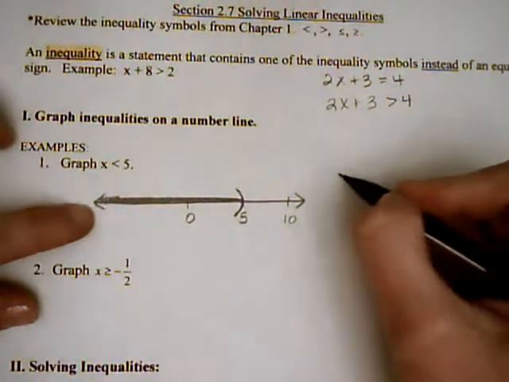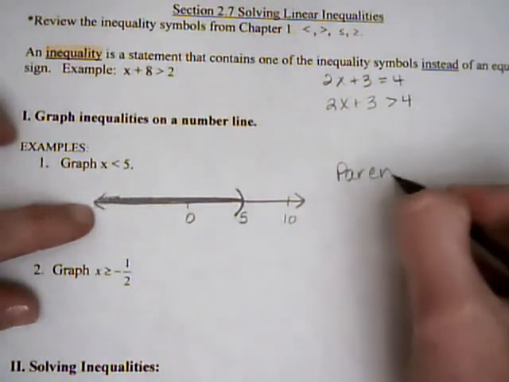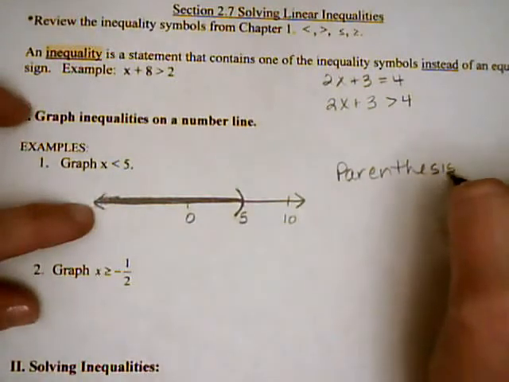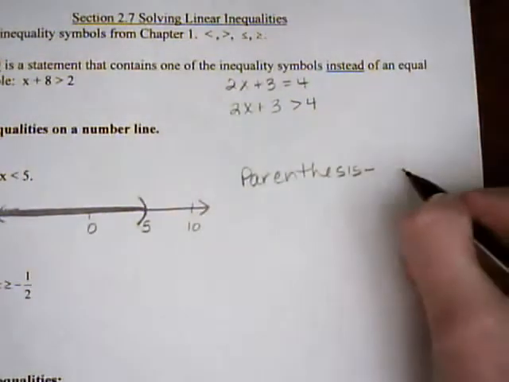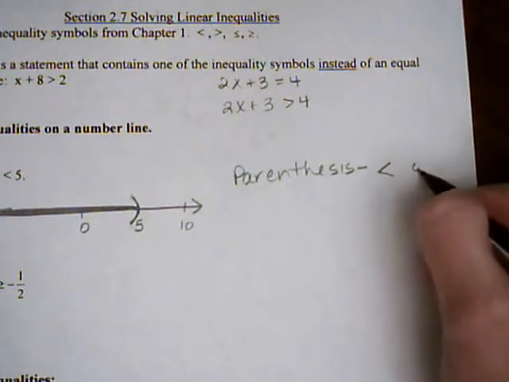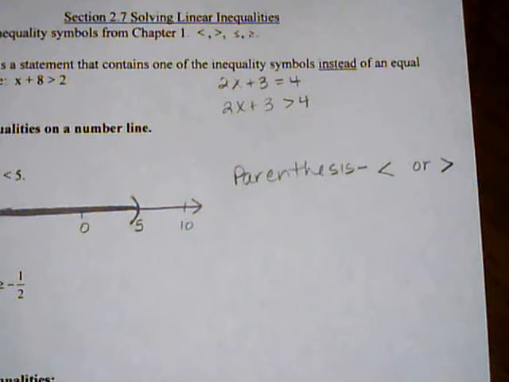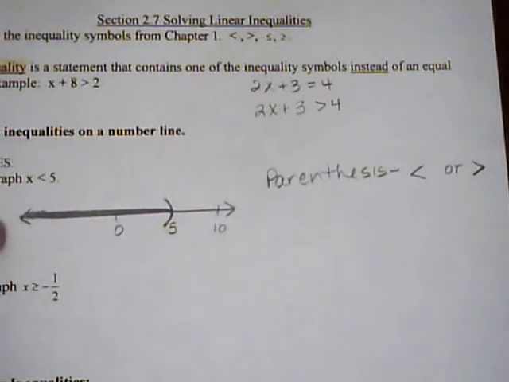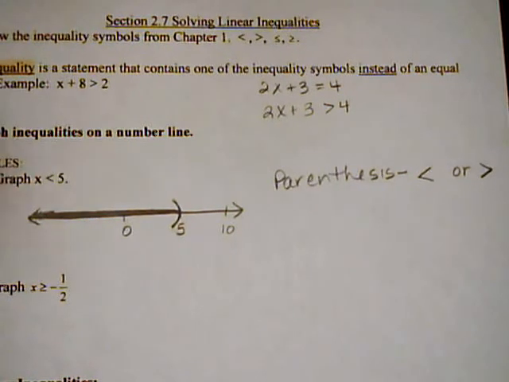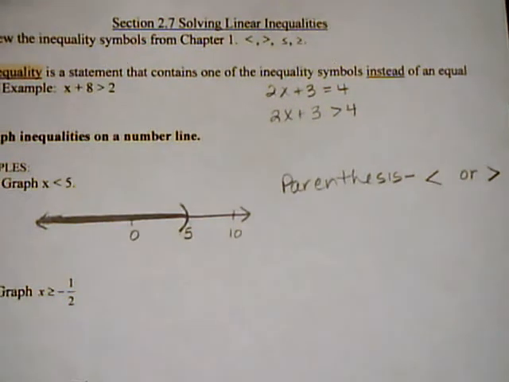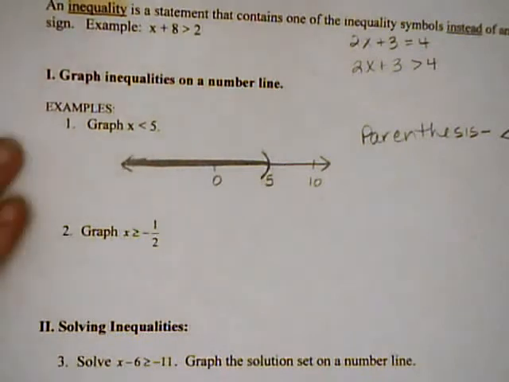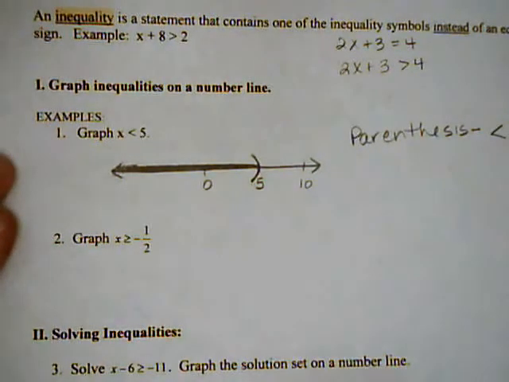You're going to use a parenthesis anytime your problem has either less than or greater than as the inequality symbol. That just means it does not equal the number written in the inequality, but rather everything less than 5.